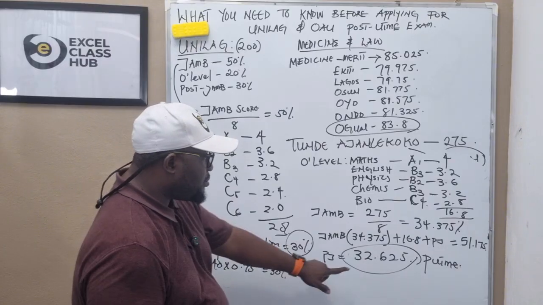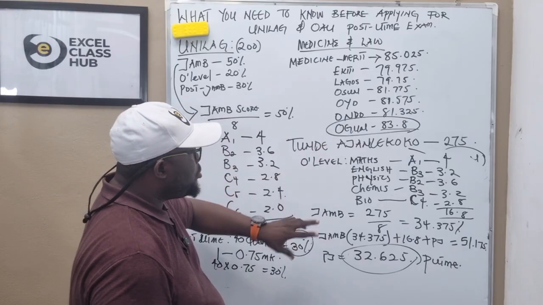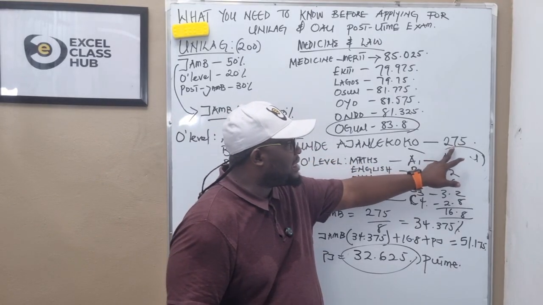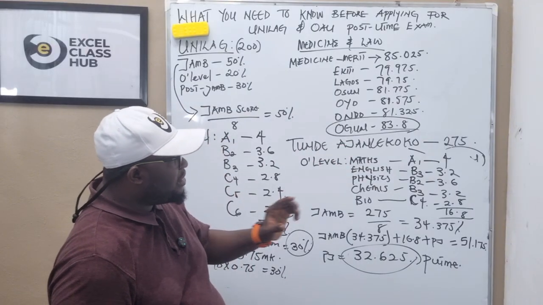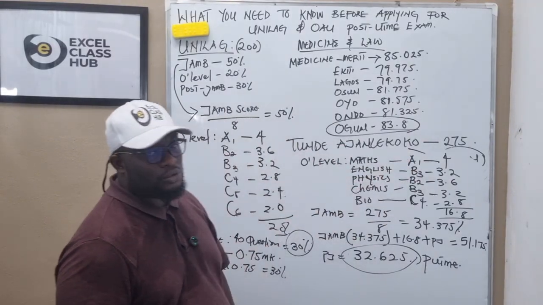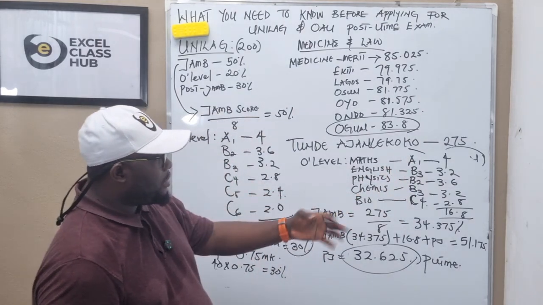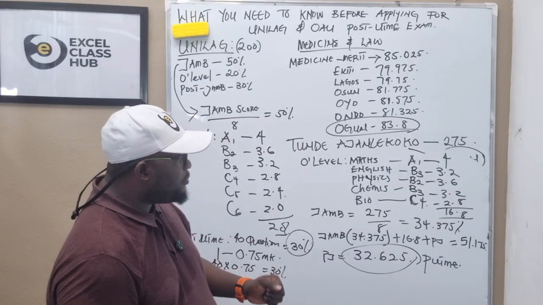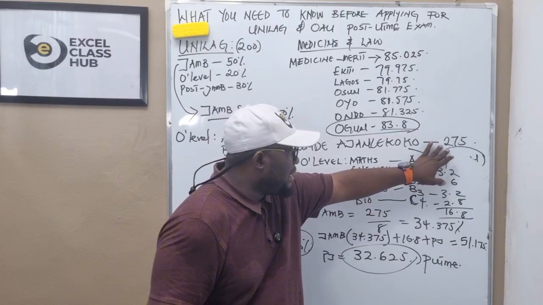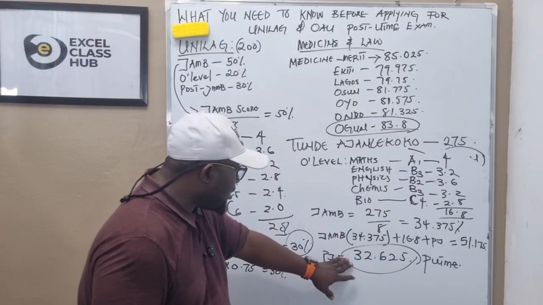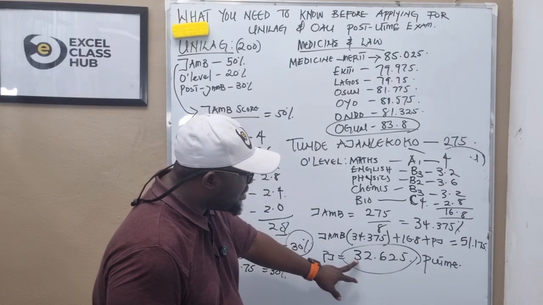So if you are going for medicine, you need a target score for JAMB above 300, and you need a very strong O-level result, like 3 A1 and maybe 2 B2, and a high mark in your JAMB.